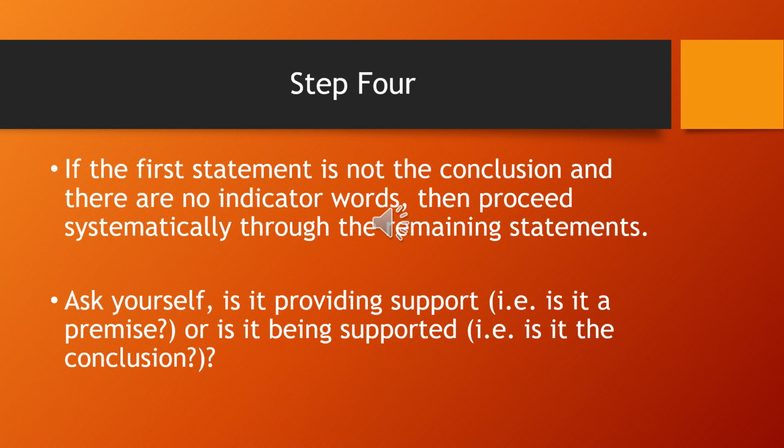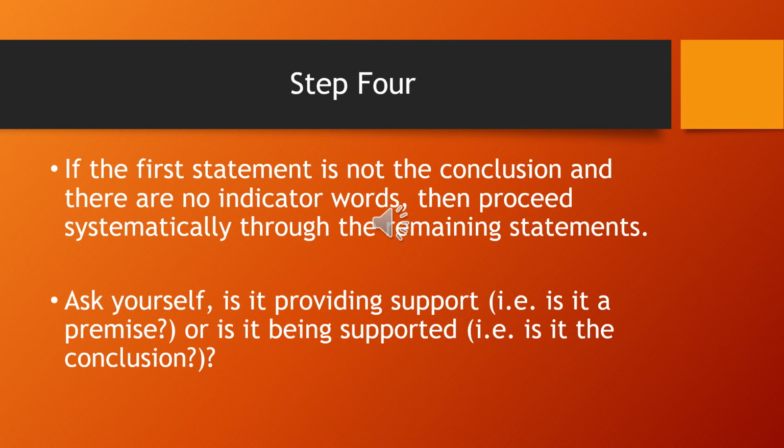If you follow this method, you'll find that it works almost every time, and you'll almost never get to step 4. But sometimes you will have no conclusion indicator, no premise indicators, and you look at the first statement and that's not the conclusion. It doesn't seem as though the rest of the passage is supporting it. Well, at that point, you have to proceed systematically and ask yourself, okay, is the second statement the conclusion?